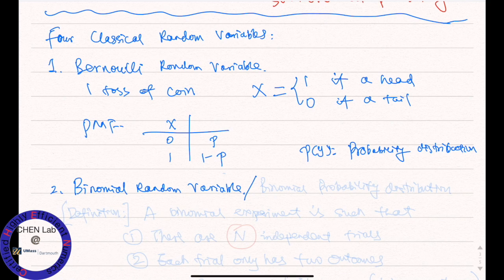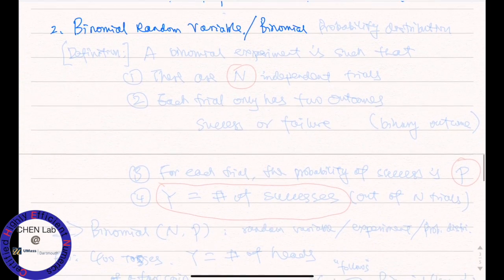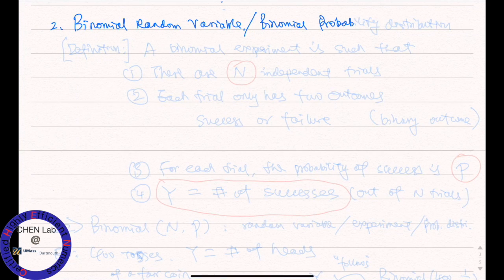So when we talk about the random variable, we'll also talk about the binomial probability distribution. You distribute the total probability 1 into pieces like 1/4, 1/2, 1/4, in that sense.